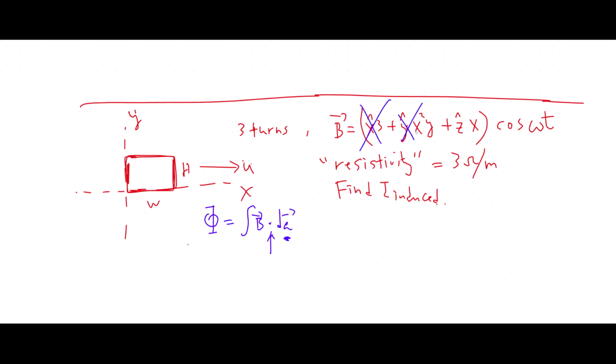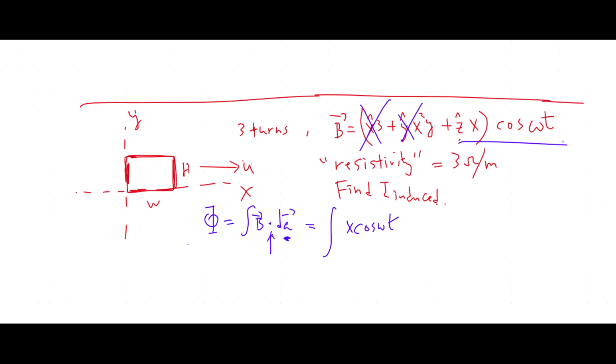Are you with me? You need to recognize that, otherwise your problem becomes so complicated. If you do understand this, you say, oh, that's easy. That's just my Z component times the Z component of the area. So I only write my B field as x cosine omega t. That's all I have to worry about in my magnetic field. You need to understand why.